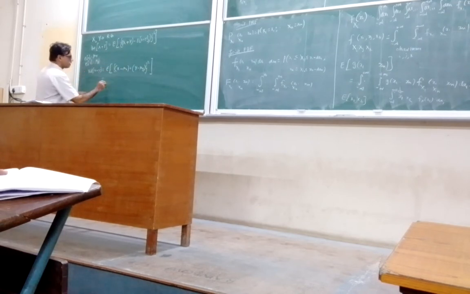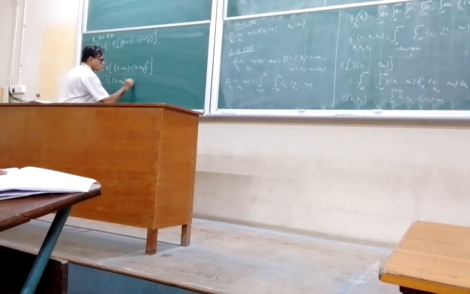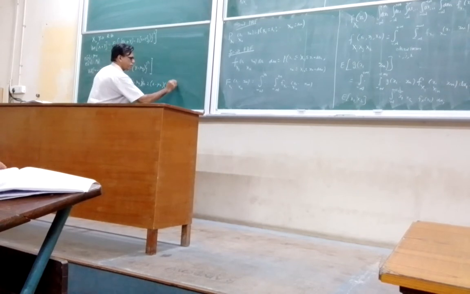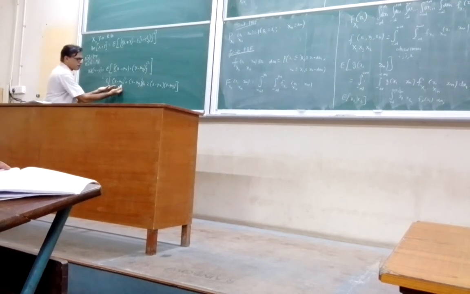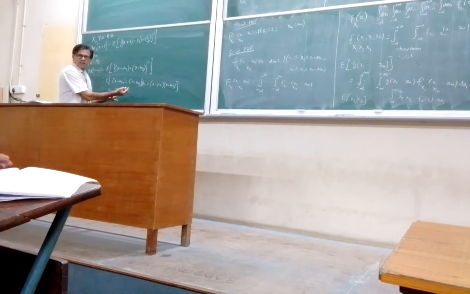Now this is expectation of a plus b whole square. So x minus mu x the whole square plus y minus mu y the whole square plus 2 times the cross term. If you take the expectation, this is nothing but the variance of x, and that is the variance of y.